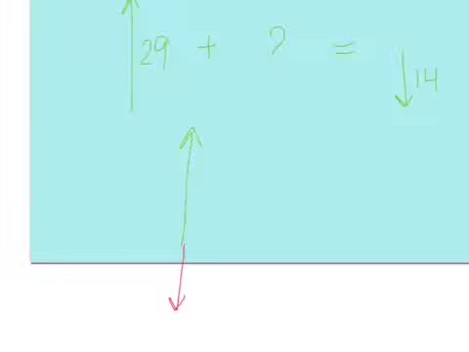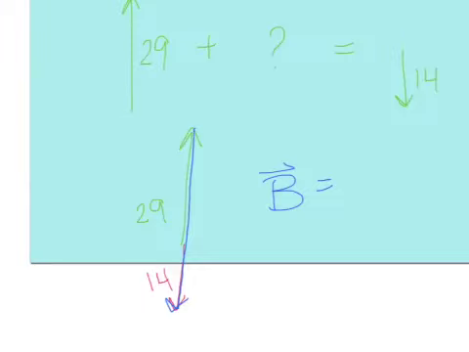And then B, my unknown, would have to have its tail on the tip of the 29 unit vector and its tip where the tip of the 14 unit vector goes. So you can see that B is downward. And if I think about magnitudes, this is 29 and this is 14. So that means that B must be equal to 43 units, and its direction is downward.